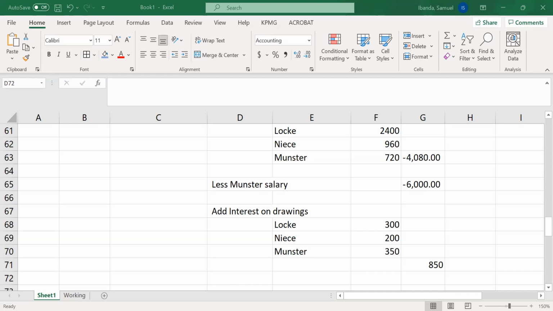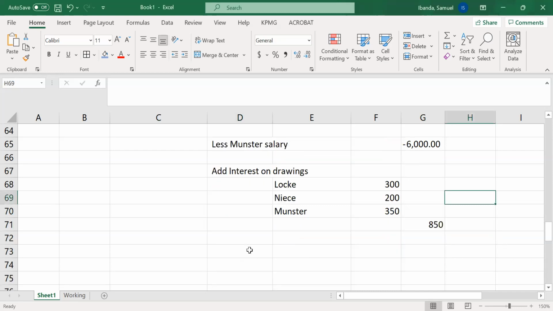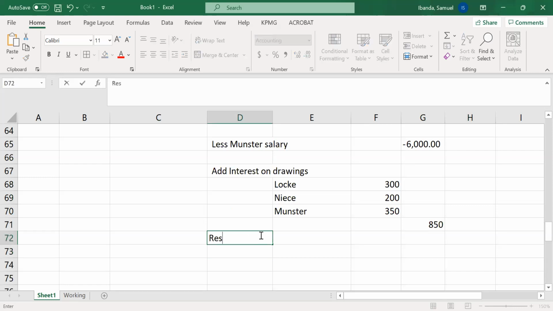If we are sure that we have recorded everything, then we can do our share of profits. So let's just calculate this. Let's come here and say residual profits.